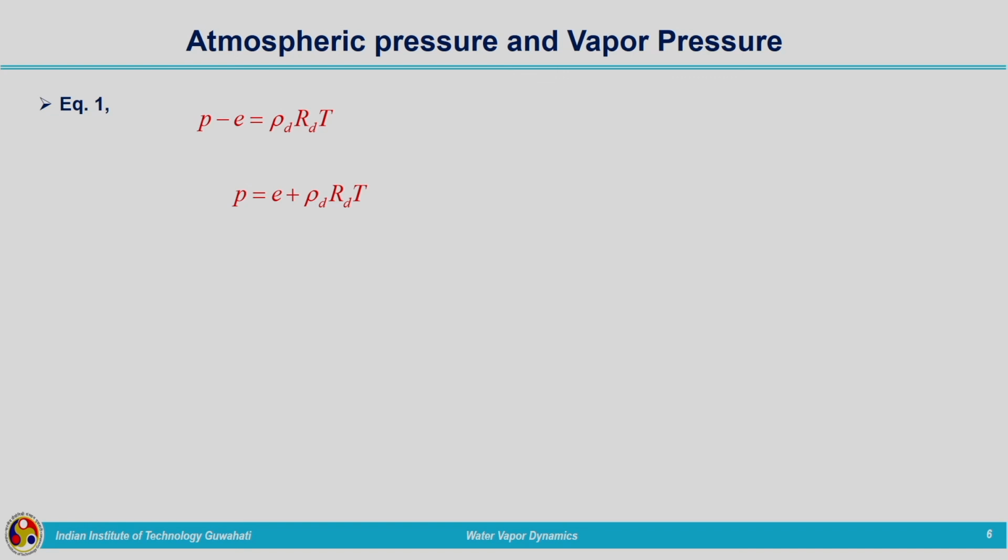The expression for E is known to us, that is vapor pressure E is equal to rho v Rv T. We will substitute that in this equation. After that, we have Rd here, and Rv can be put in terms of Rd: Rv is equal to Rd divided by 0.622.